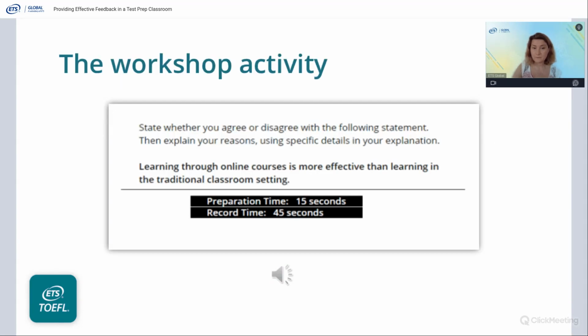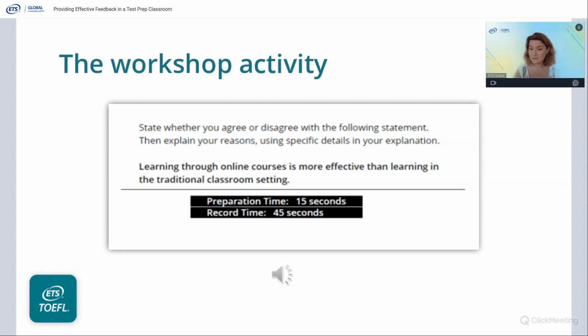Okay, so this is the task, and I'm going to read it to you. State whether you agree or disagree with the following statement. Then explain your reasons using specific details in your explanation. And here is the prompt. Learning through online courses is more effective than learning in the traditional classroom setting. Okay, and now I'm going to play the test taker response twice.